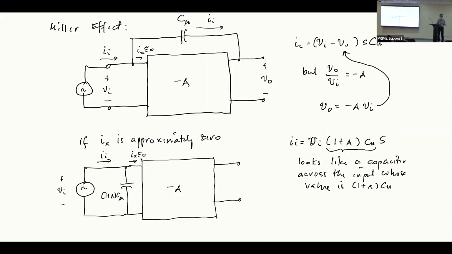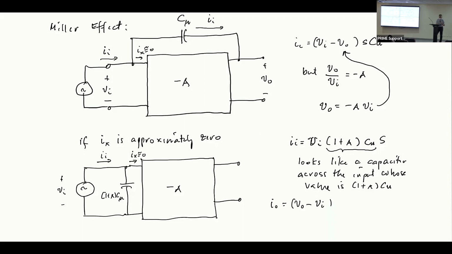amplifier. By the way, I can do the same thing at the output. So if I think of I sub O, it is equal to V sub O minus V sub I, multiplied by S C sub mu.